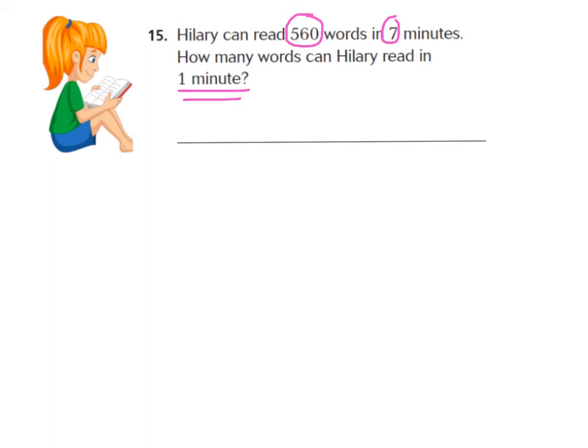But what they're wanting to tell us is that if she can do 560 words in 7 minutes, I want to divide 560 by 7 so I can see how much is in 1 minute, kind of like saying how much is in one group. So our problem is going to look like 560 divided by the 7 minutes, and if I do that, I will find out how many words she can read in 1 minute. Go ahead and solve this one on your own and check back with me for the answer.